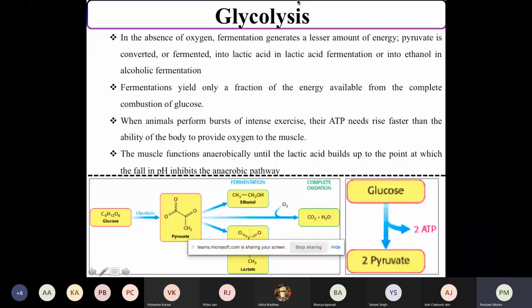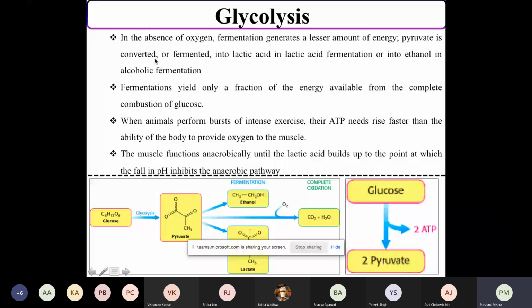In the absence of oxygen, fermentation generates a lesser amount of energy. Pyruvate is fermented into lactic acid, which is known as lactic acid fermentation, or into ethanol, which is known as alcoholic fermentation. In the case of yeast, if I don't give a lot of oxygen, they will produce alcohol.